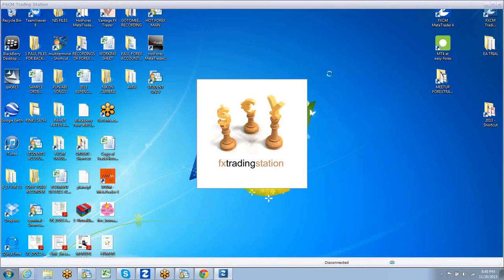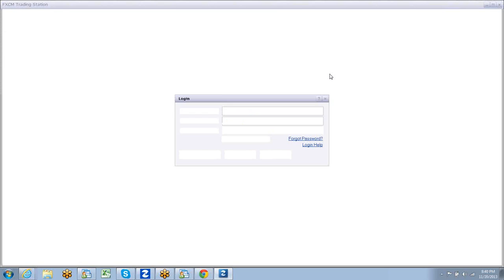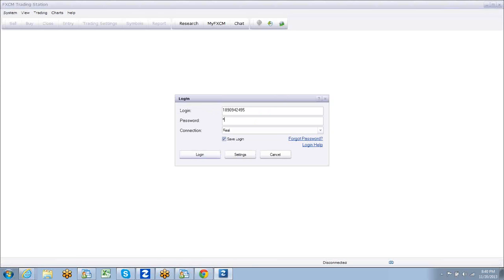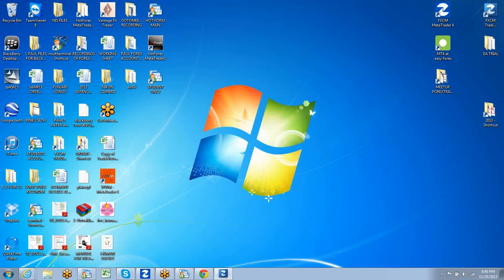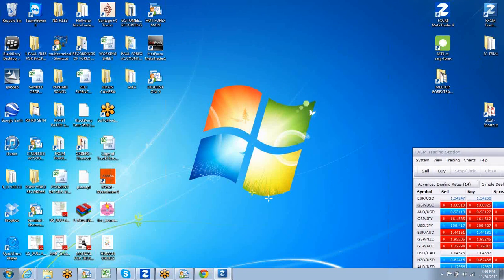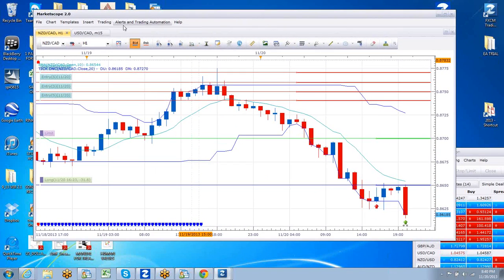Let's see if I can find the ATR thing, which I think a lot of guys are asking. Okay, there's my chart here actually. I'm going to bring this chart here.